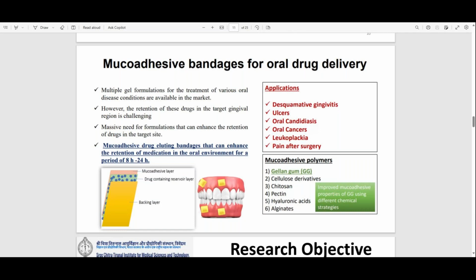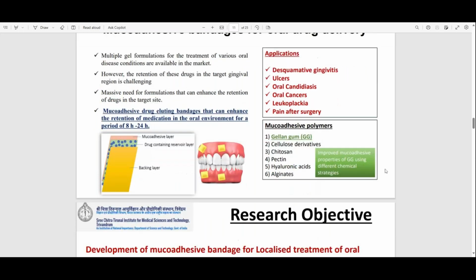Here we are using mucoadhesive polymers for developing the bandages. There are multiple mucoadhesive polymers available, and people are using them for different applications, for example gelatin and gum, cellulose and its derivatives, chitosan, pectin, hyaluronic acid, alginate, etc. Even though they have these mucoadhesive properties, we can improve the mucoadhesive properties of this system by different chemical methods.